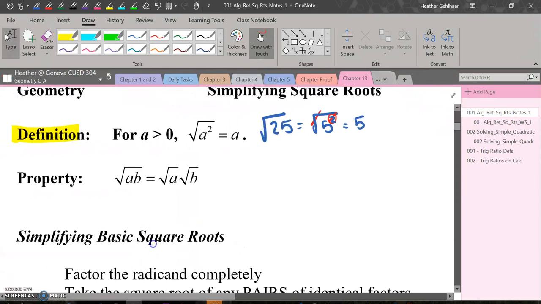Another property we have is that when we have two numbers being multiplied, for example, the square root of 2 times 6, we can separate that as the square root of 2 times the square root of 6.